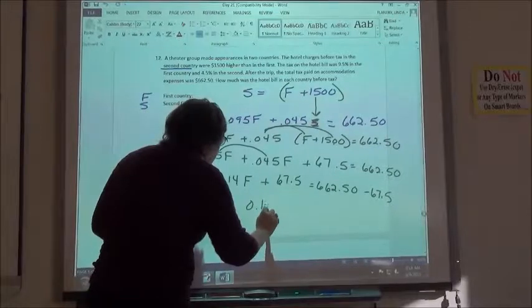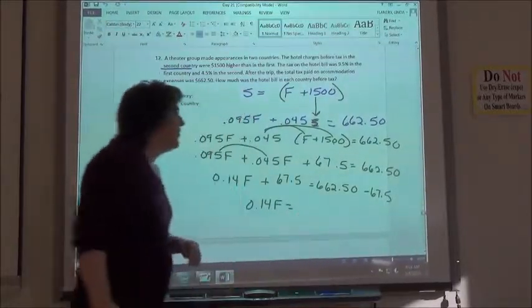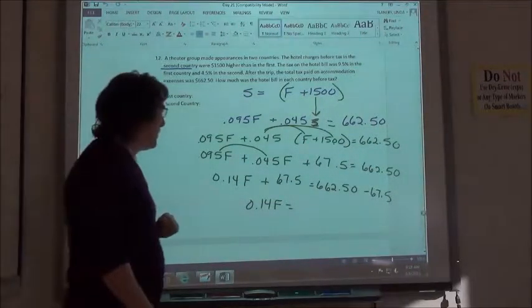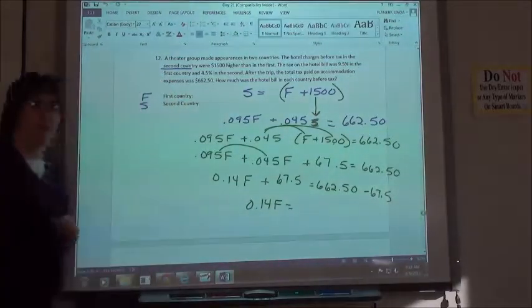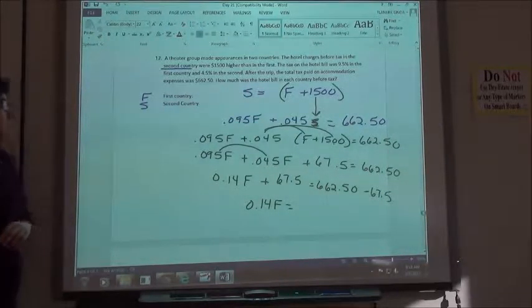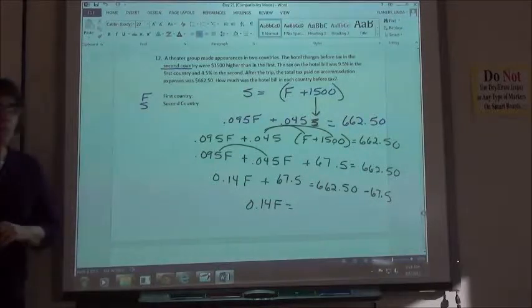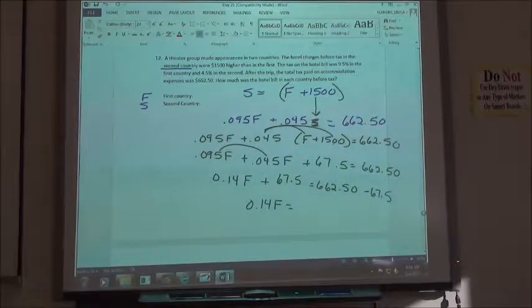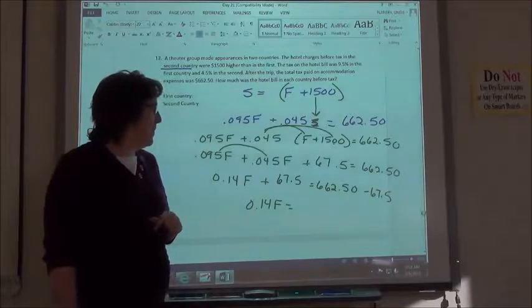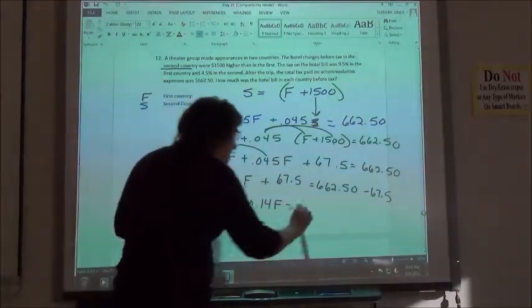So 0.14F is going to equal 662.5 minus 67.5, which would be 595.